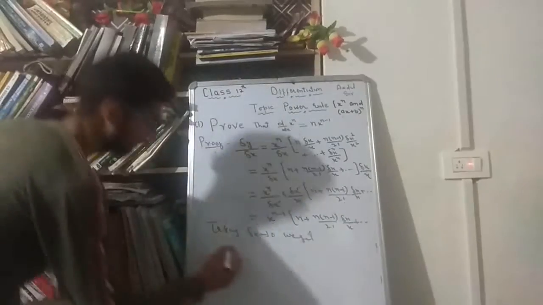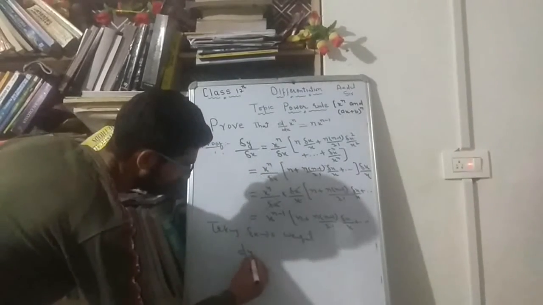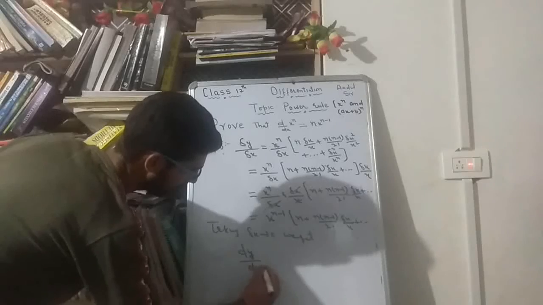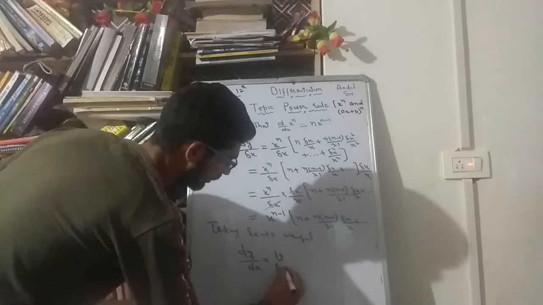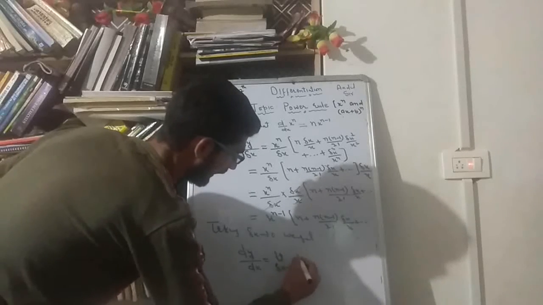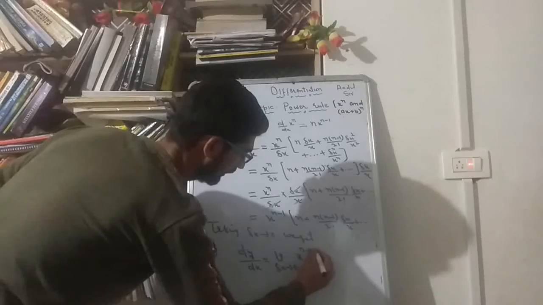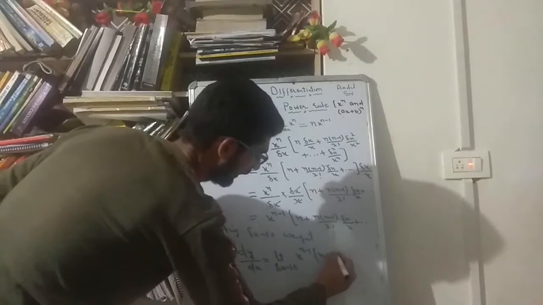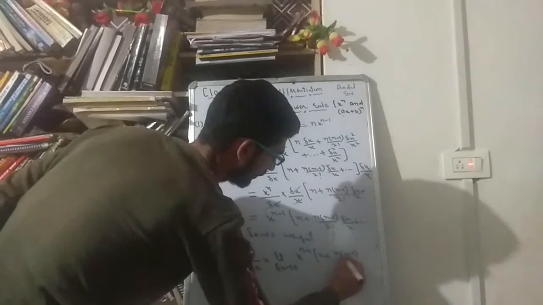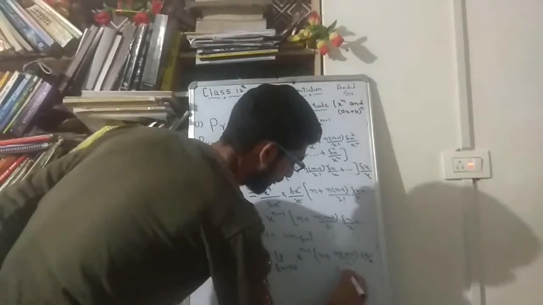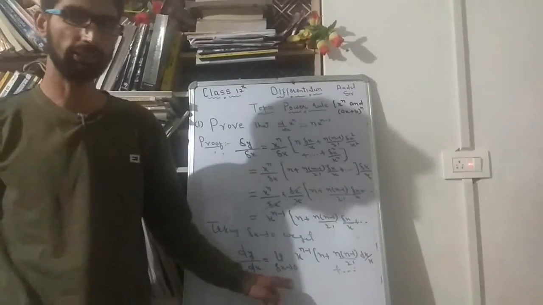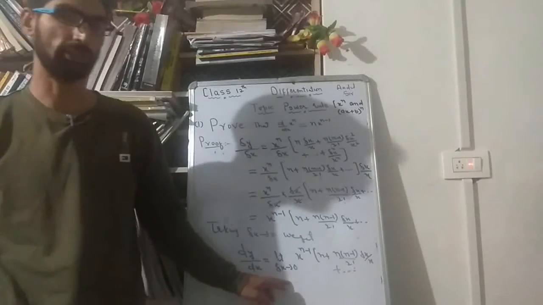So here it will be dy by dx equals limit del x tends to 0 of x raised to the power n minus 1 times n plus n into n minus 1 divided by 2 factorial del x divided by x plus so on. Now you can give the value of del x as 0 directly by the direct method. Why?